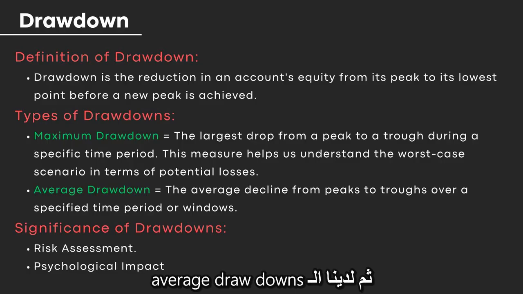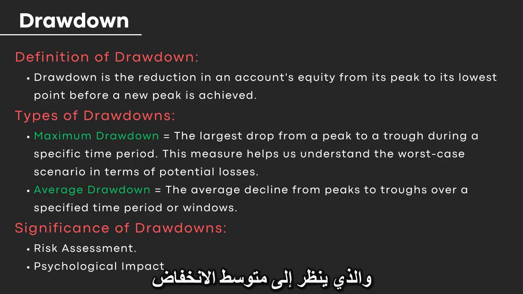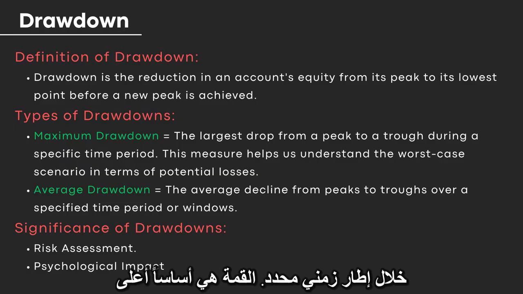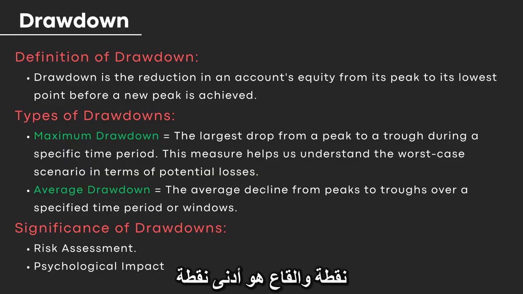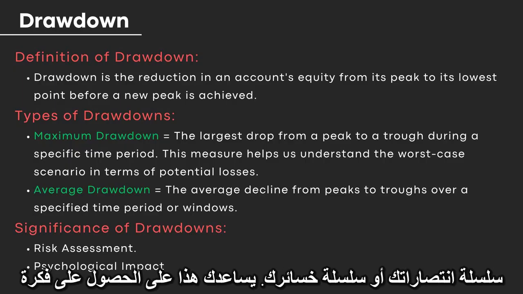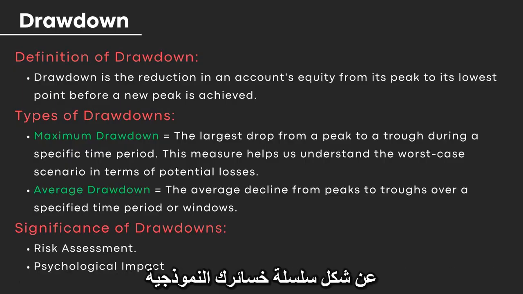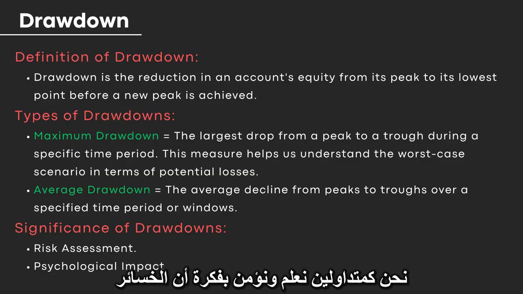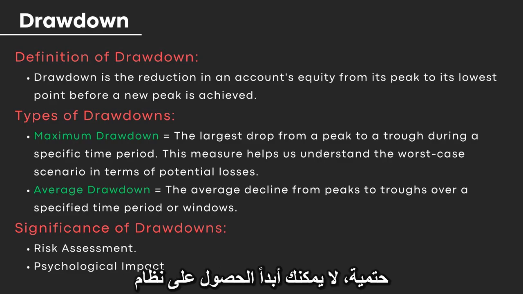And then we've got average drawdowns, which look at the average decline from peaks to troughs over a set time frame. The peak is basically the highest point and the trough is the lowest point, or basically your winning streak or losing streak, right? It helps give you a sense of what your typical losing streak looks like. As traders, we know, and I believe in this fact, that losses are inevitable.